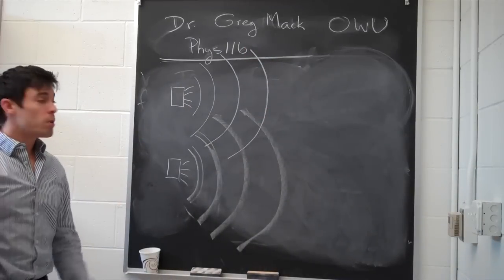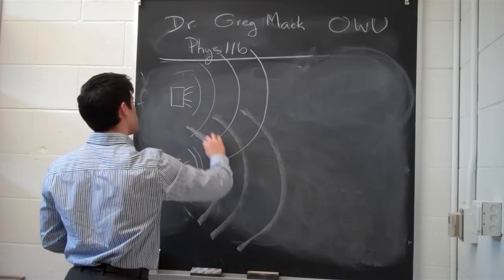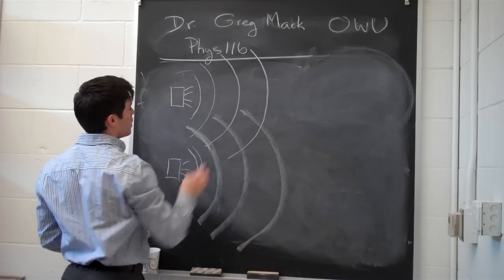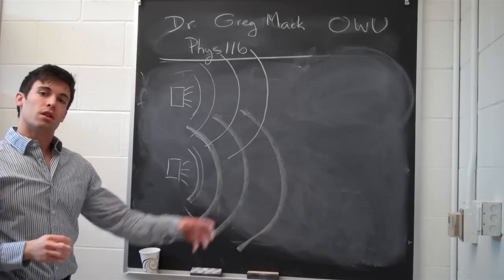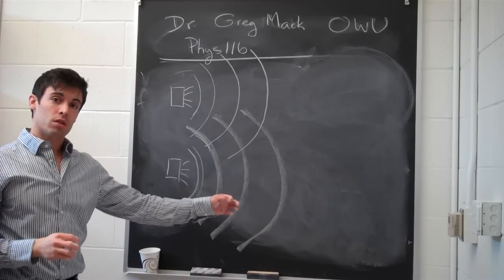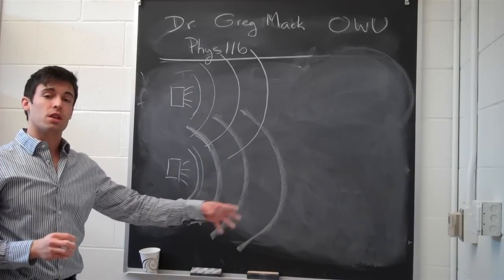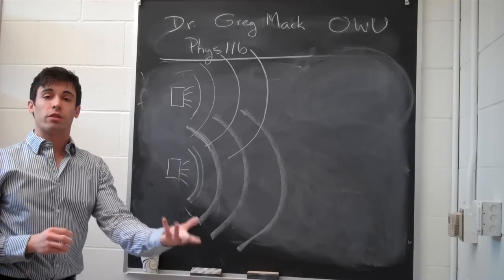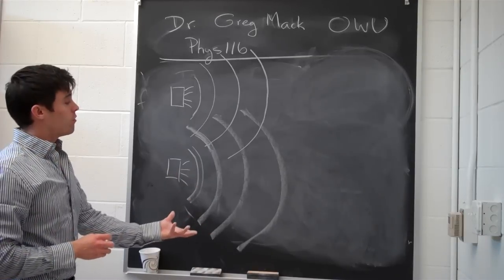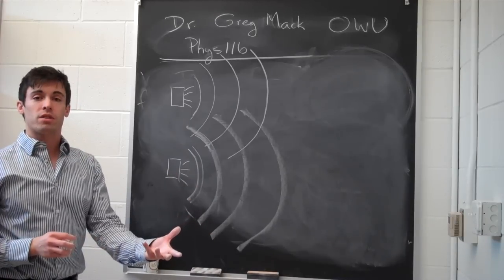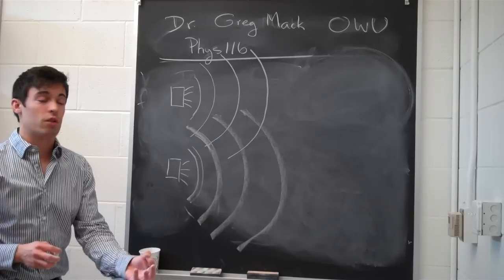Okay, and there will be places where the sound waves will actually cross each other in certain configurations to give you nicely constructive interference. There will be other configurations where you end up with destructive interference.